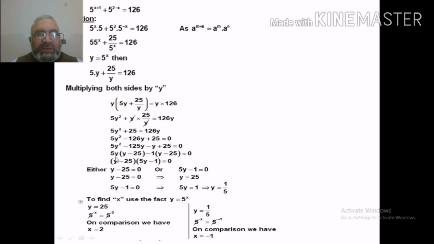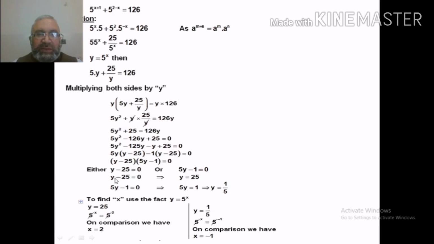So first 5y is common in the first two terms. We get y minus 25, and minus 1 common, y minus 25 equal to 0. Or y minus 25 common, we get 5y minus 1 equal to 0. Either y minus 25 is equal to 0 or 5y minus 1 is equal to 0.